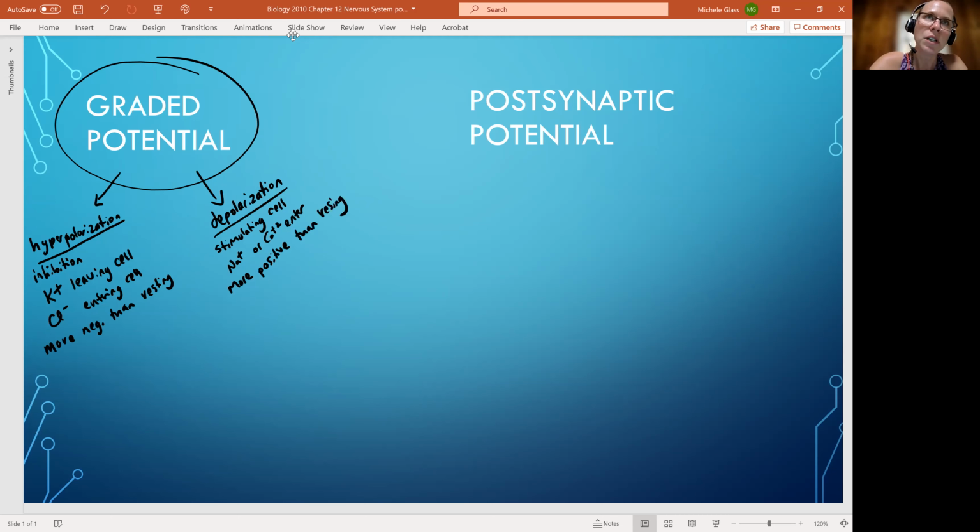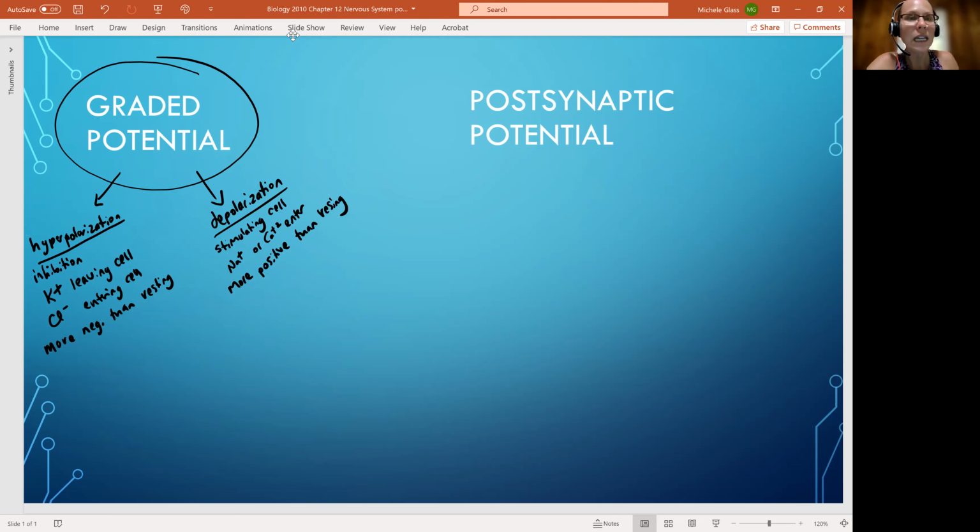And our graded potential, remember, going back, we said an action potential is all or none. The action potential got triggered when the cell reached threshold, which we said could either be negative 55 millivolts or negative 60 millivolts, depending on your reference materials. The action potential was like flicking over that first domino.